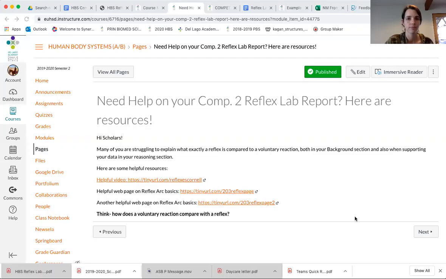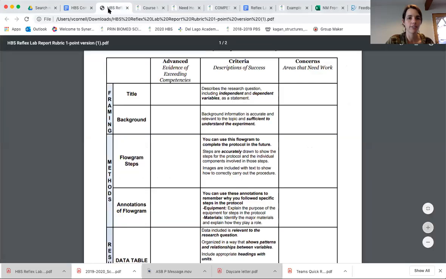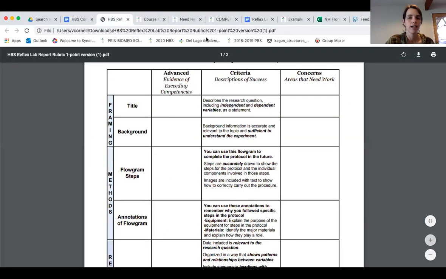Okay, so I'm going to start off by sharing my screen so you can see what I am doing. All right, so first things first, let's look at this Reflex Lab page.